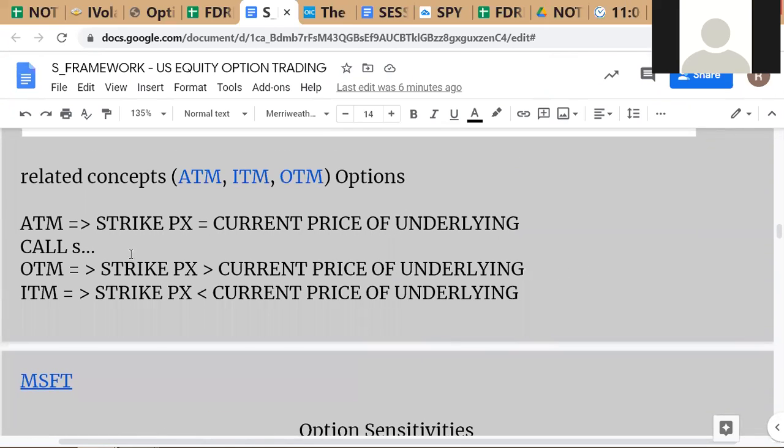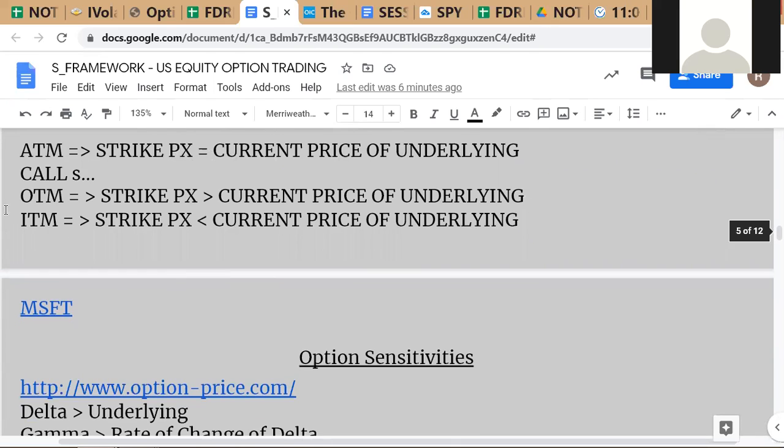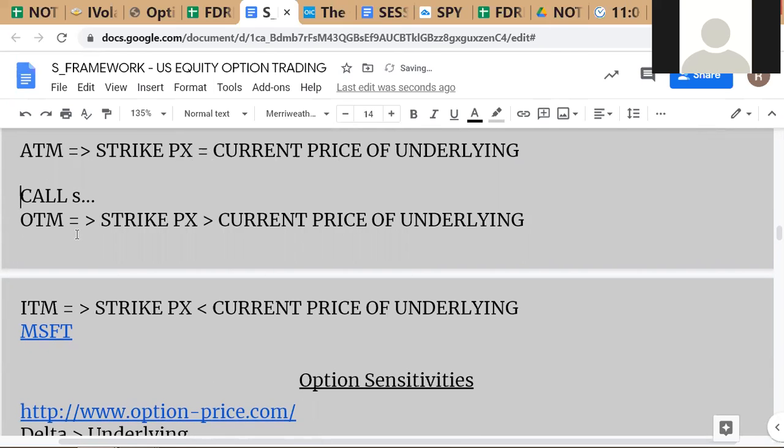ATM, strike price is equal to current price of underlying. I'm just giving you a call, okay? Example for call options. Okay.